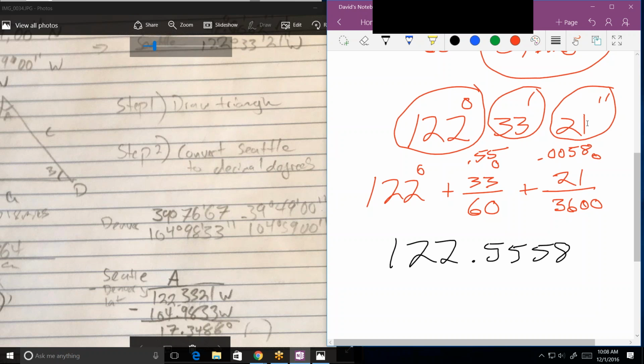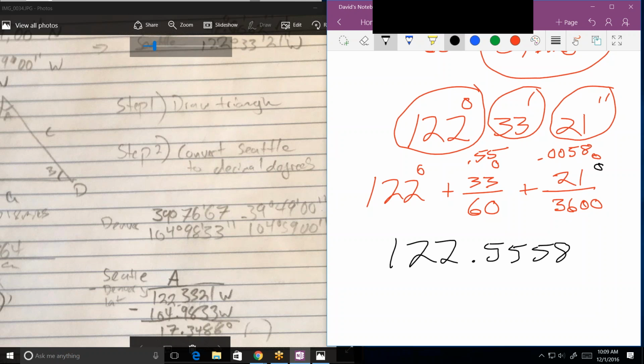We divide the number of seconds by 3,600 because there's 3,600 seconds in a degree. There's not 60. There's 60 seconds in a minute, but then there's 60 minutes to a degree, so you end up with 3,600 seconds per degree. And we got 21 seconds, so we have 21 divided by 3,600.